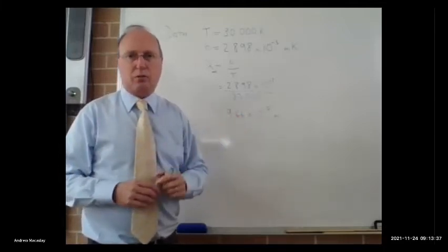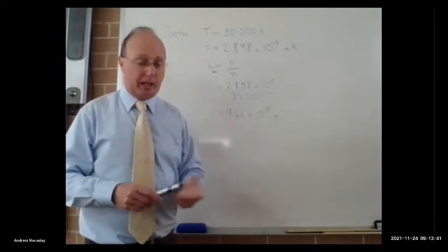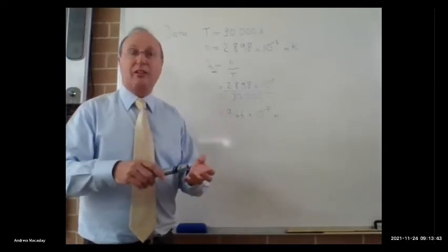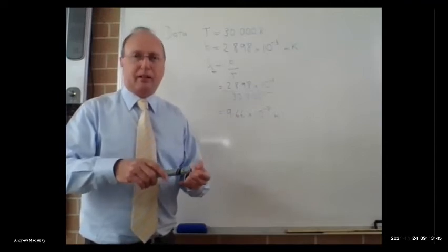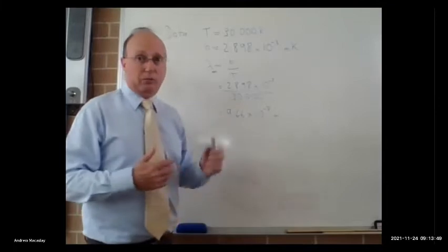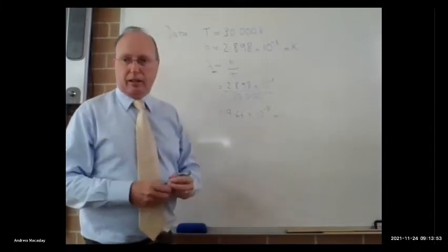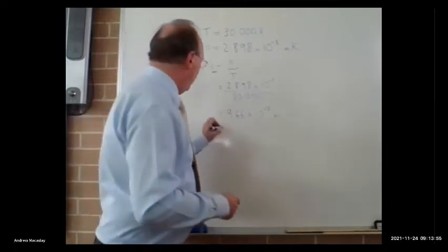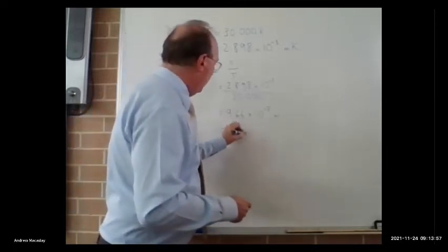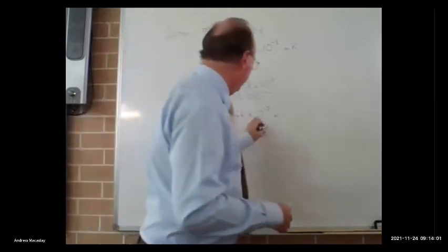That's a very useful thing to remember, just to make sure that we can check. Remember, we're checking MUDs: magnitude, units, direction if it's a vector, and significant figures. Now, this is not a vector, but we certainly want to check that this is a reasonable answer. So that's the magnitude, and it is, because it turns out to be 96.6 nanometers to 3 significant figures.